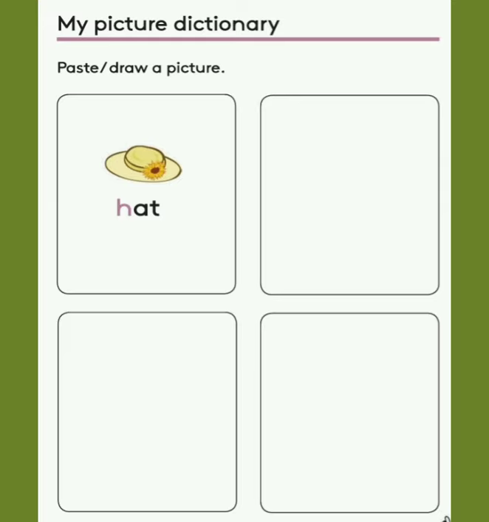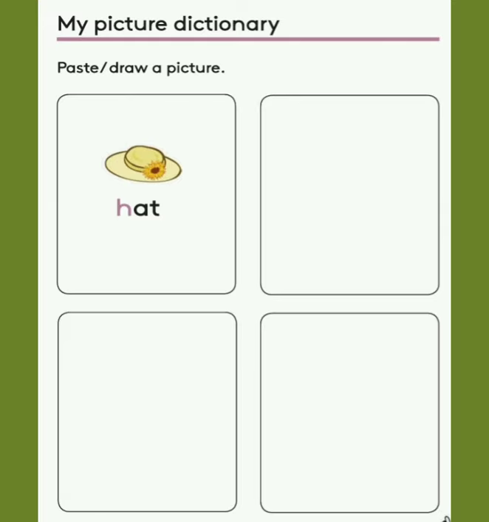What you have to do is, students, you have to draw some words that are starting with letter H, or you can either paste them using pictures. You have to cut them properly and you have to paste them, and then you have to name it as well. They have written it out, hat.